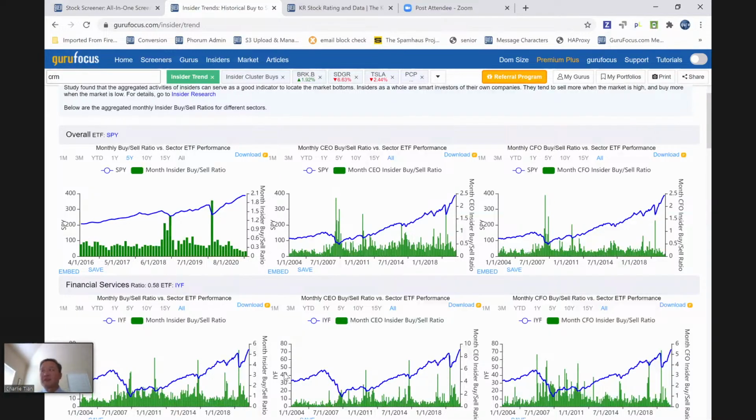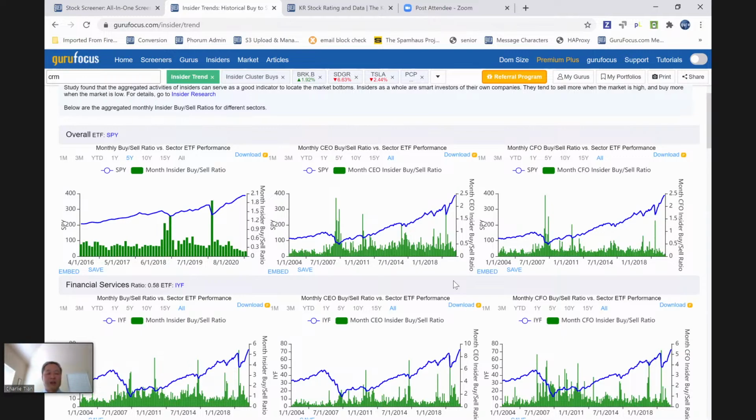Okay. Insider sales over insider buy ratio has been very, very low for the past several months. And this is actually, to me, telling us we need to be cautious in this market.